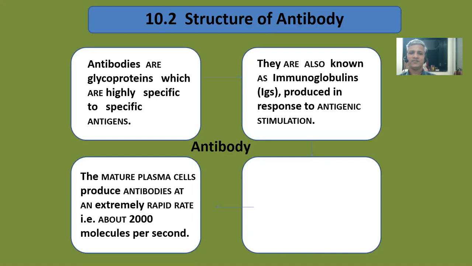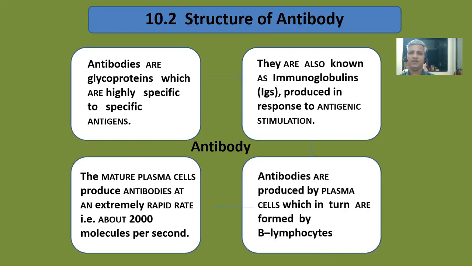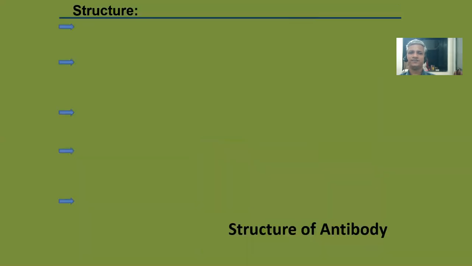The plasma cells produce antibodies at an extremely rapid rate, about 2000 antibody molecules per second. Antibodies are produced by plasma cells, especially B lymphocytes.